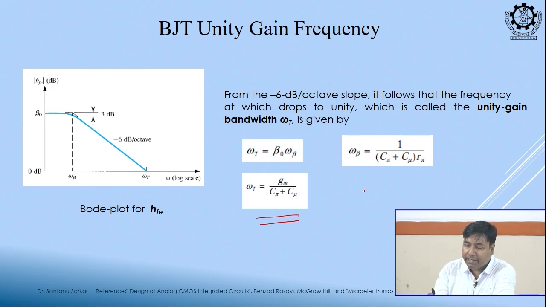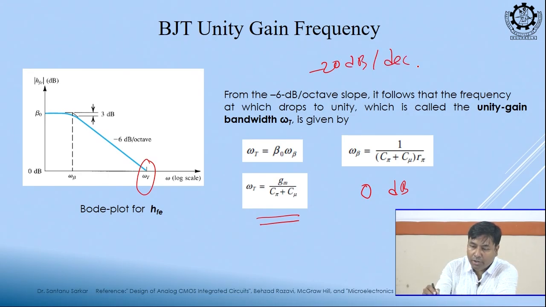Unity current gain in dB will be how much? 0 dB. So, this is our HFE, and the frequency where it comes as 0 dB is my unity gain frequency, and this roll off is 20 dB per decade or 6 dB per octave.